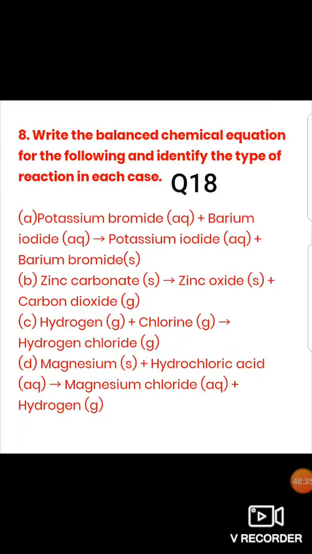You have to mention what type of reaction it is. So first reaction, let's check it out. As I told you, learn all the symbols of all the elements nicely.